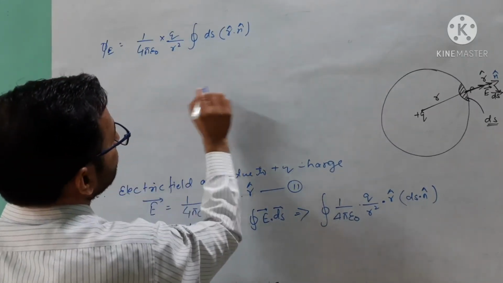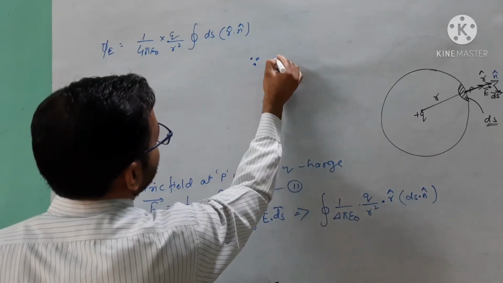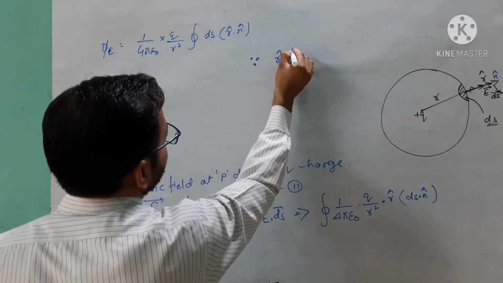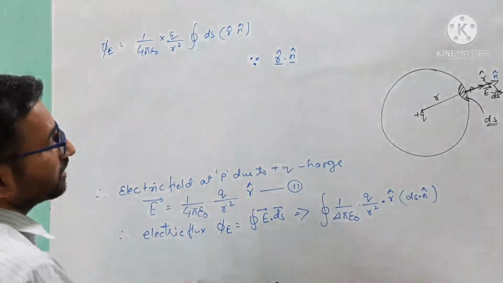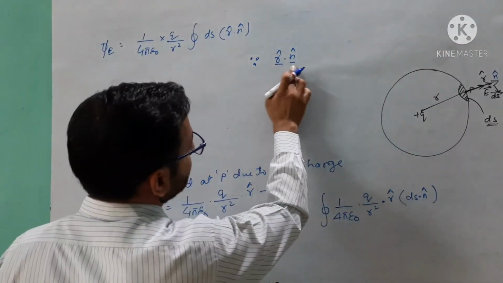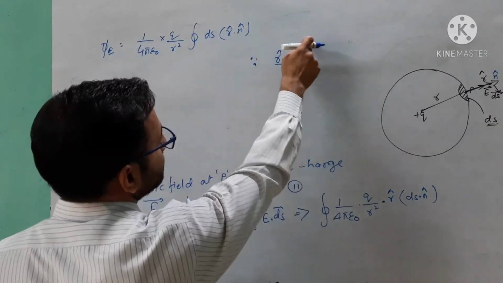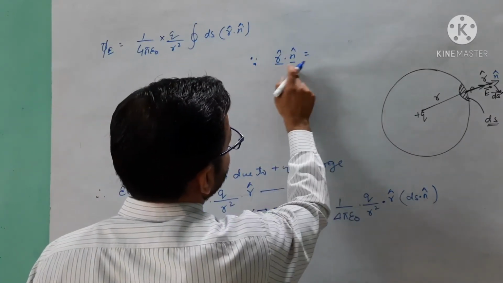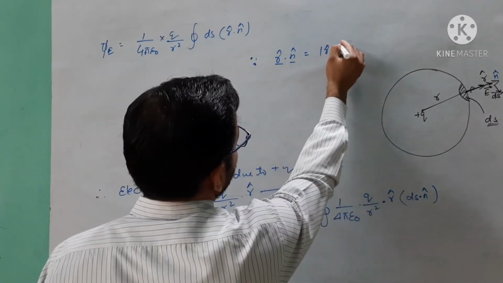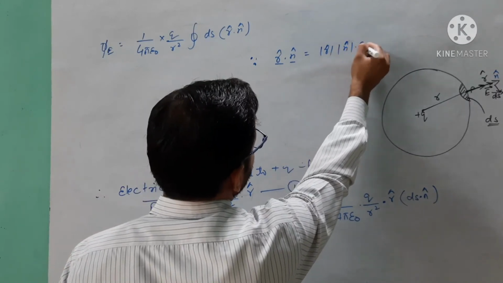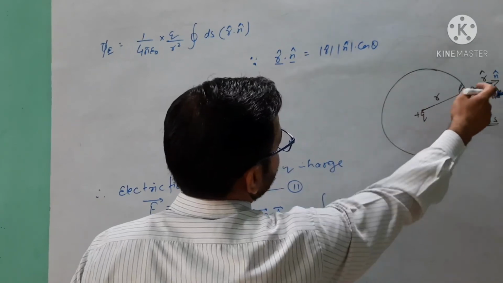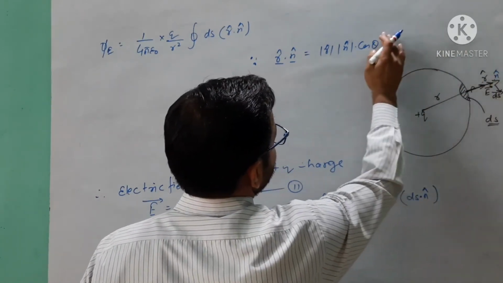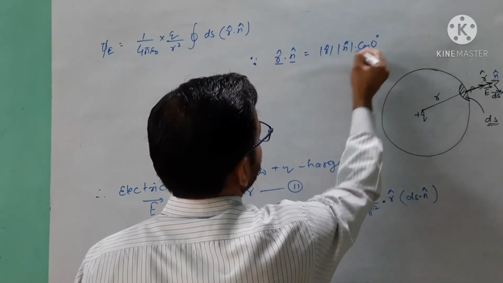Students, listen carefully: r cap and n cap are both unit normal vectors, so their magnitude is 1. The dot product is the product of magnitudes times cos theta, and the angle between them is 0 degrees, because r cap and n cap have the same direction, so it is cos 0 degrees.